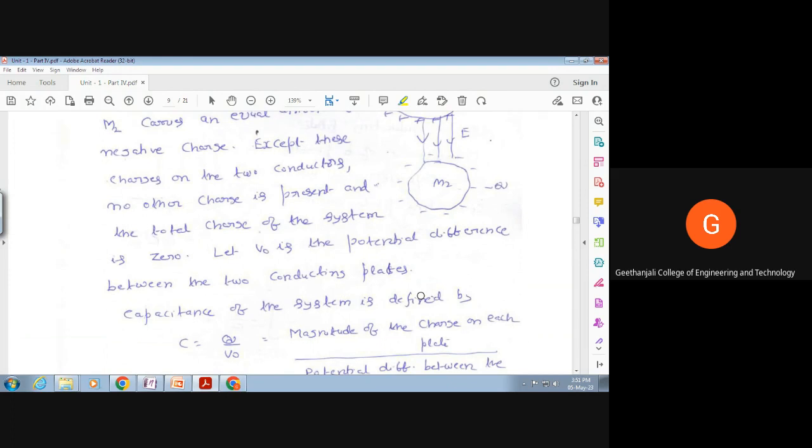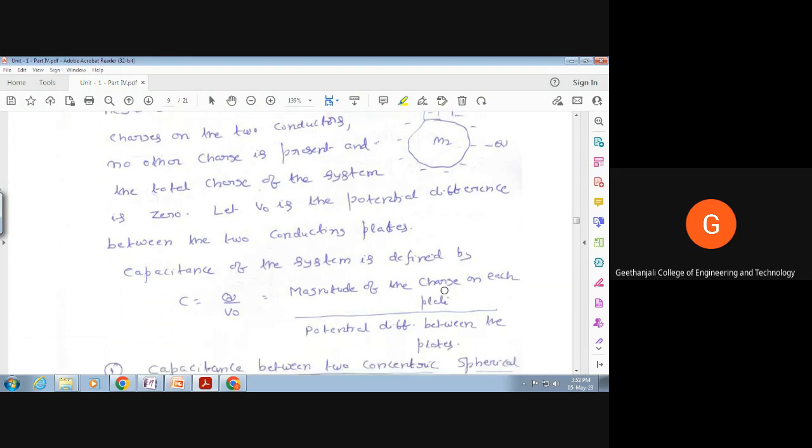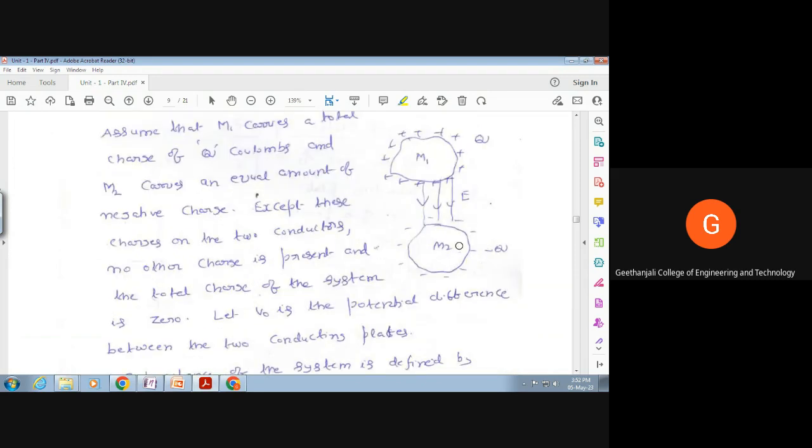Magnitude of the charge on each plate, that is Q, divided by the potential difference between the plates, let it be V0. What is V0 basically? If you look, the direction of the electric field is from M1 to M2. So if I want to move 1 coulomb of positive charge from M2 to M1 against the direction of the electric field, what is the work done?